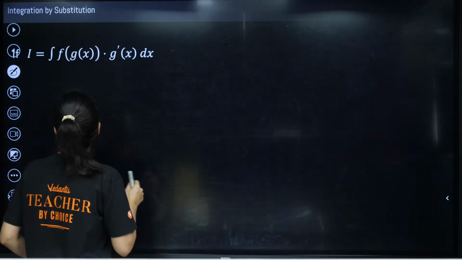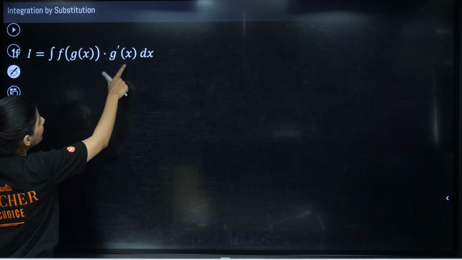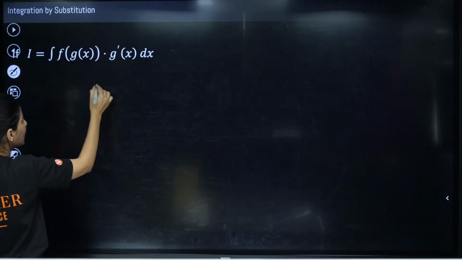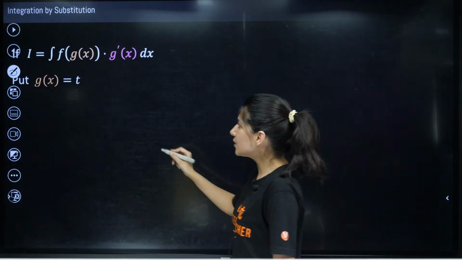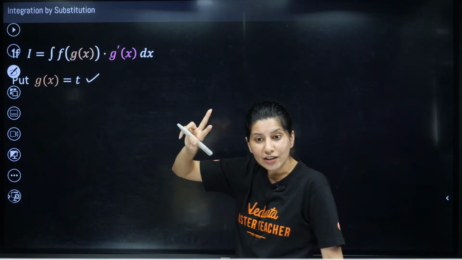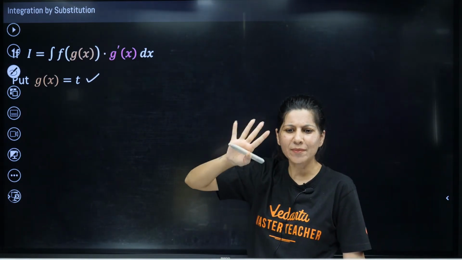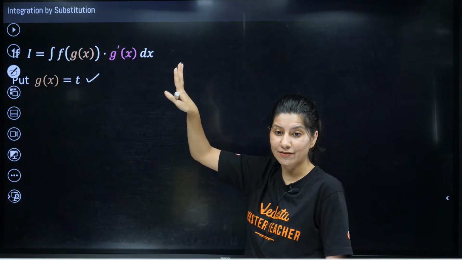Okay. All right. So I is equal to the integral of f of g x and g dash x dx. So what we are going to do is, first of all, put g x equal to t. If g x is t, now differentiate both the sides. No, by parts, not right now. Substitution is different, by parts is different.